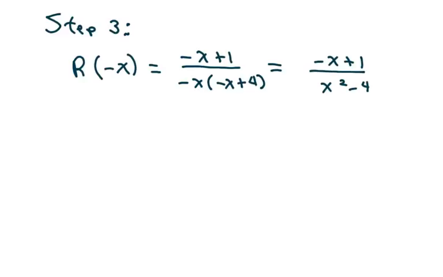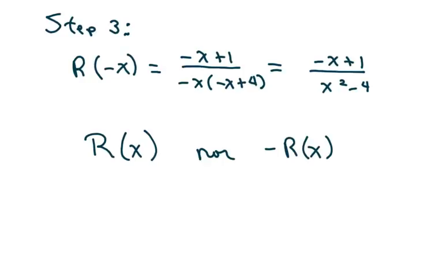This is neither our original function nor the negation of our original function. Therefore, there is no symmetry. So it's neither even nor odd. You can say neither even nor odd, or you can just say no symmetry.